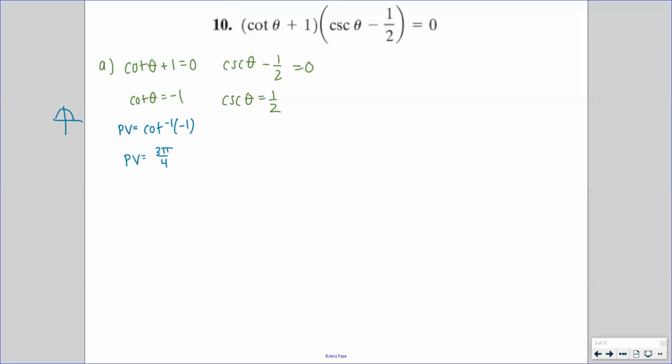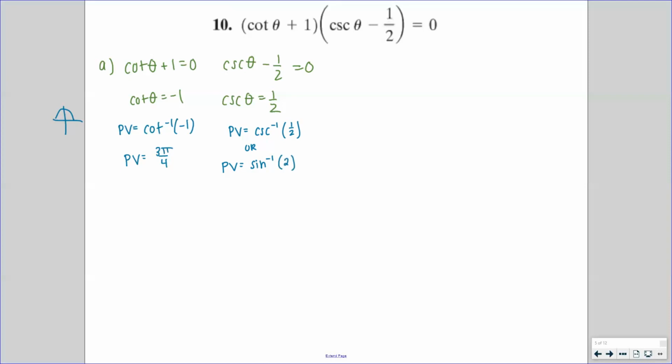The second principal value here, we can do it one of two ways. We can say our principal value comes from the inverse cosecant of 1/2, or if you don't like looking at values of cosecant and secant, that's fine. We can say that's also the same thing as the inverse sine of the reciprocal of 1/2, the inverse sine of 2.